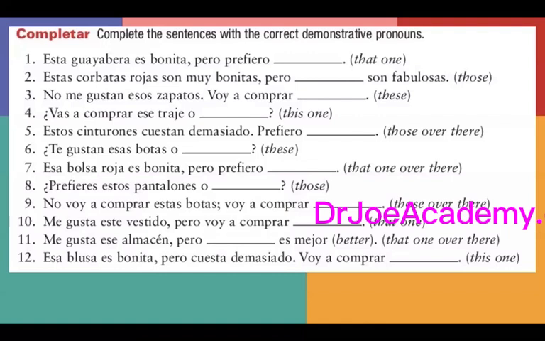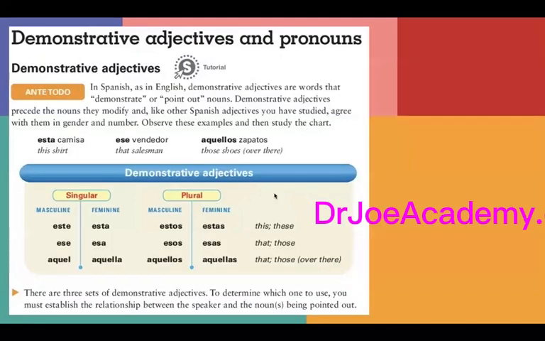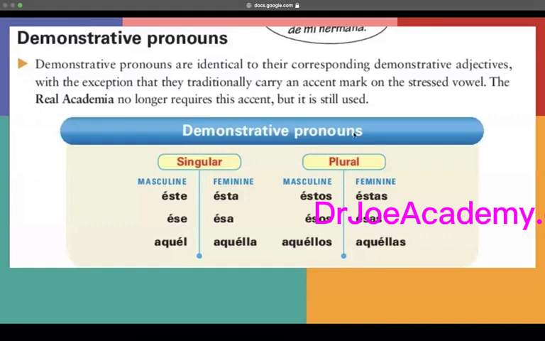So what's the plural of these? Aquellos or aquellas. No. Estos, esa. No. These. You're thinking of those. I'm saying these. So it would be estas.